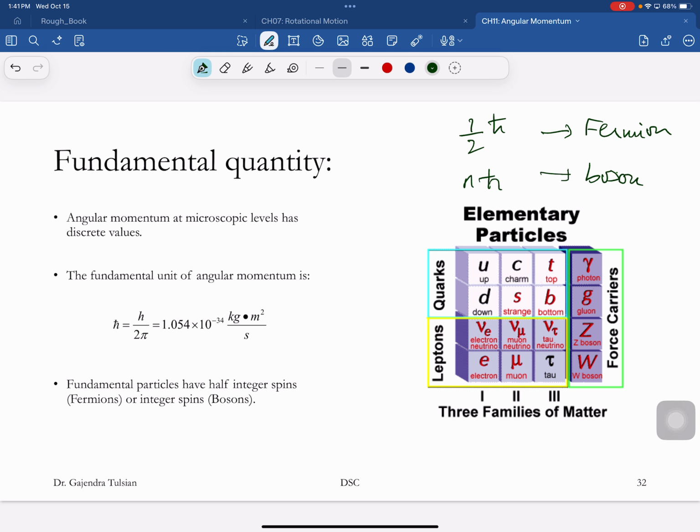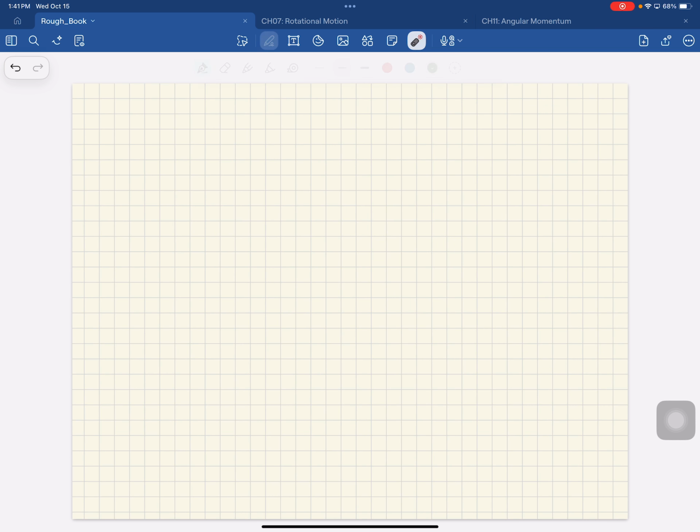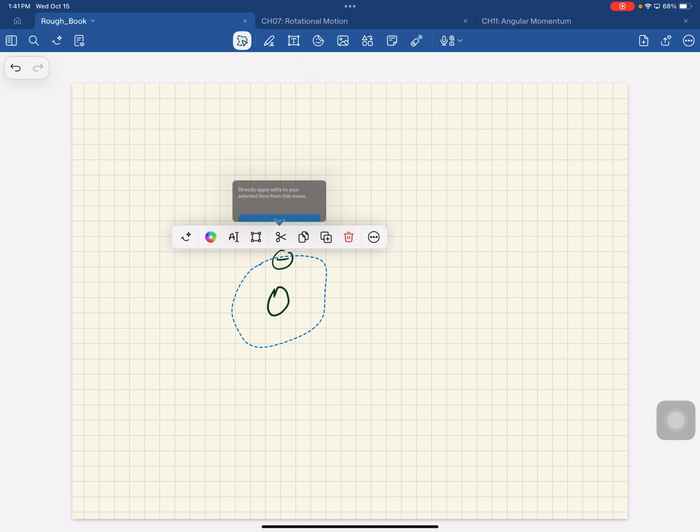These behave very differently. You can only put one fermion in a quantum state. You can put as many bosons as you want in a quantum state. Thanks to this rule, you have a structure for the atom. Here's the nucleus, and here's one quantum state.